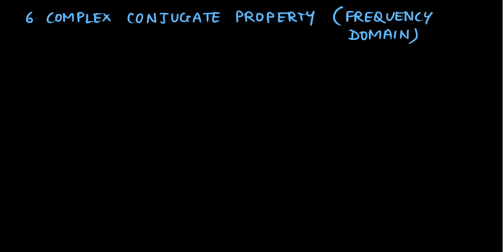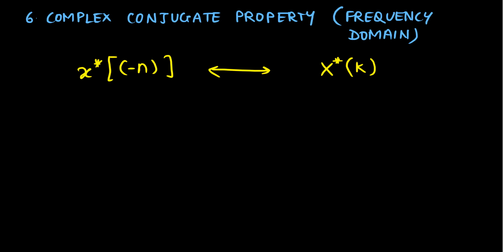Now if we have the complex conjugate in the frequency domain, that is if we consider the complex conjugate of this DFT, then similar to the time domain complex conjugate, we are going to get the conjugate but with a circular shift in the time domain. So if we take the complex conjugate of the circularly flipped version of this x of n, then we are going to get the complex conjugate in the frequency domain, and this is known as the complex conjugate property in the frequency domain.